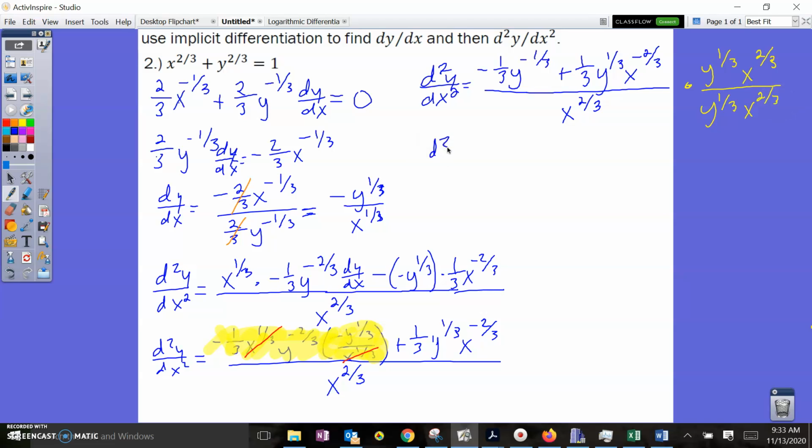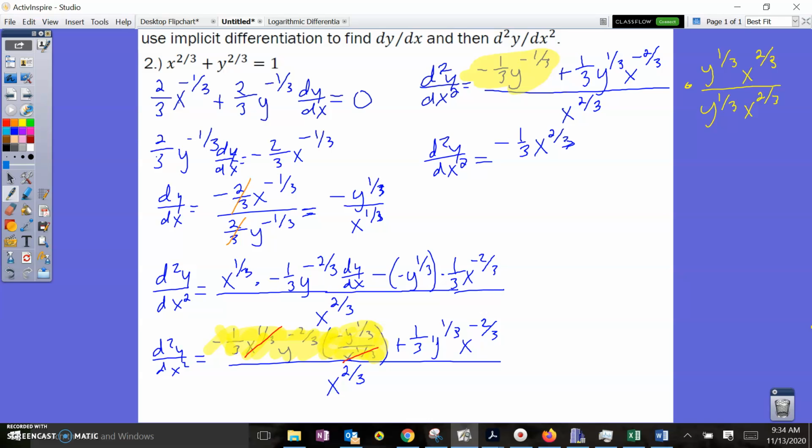And that gives me, now the y to the positive 1/3 and the y to the negative 1/3, add those together, it becomes y to the 0. Remind you I'm focusing on my first term here. And so this first term becomes negative 1/3 y to the 0 x to the 2/3 when I multiply that expression through.